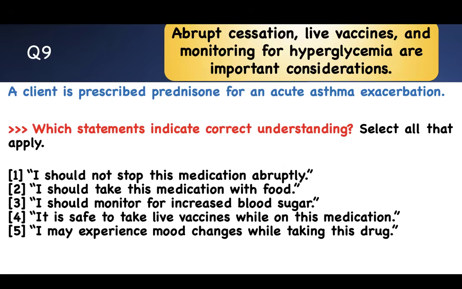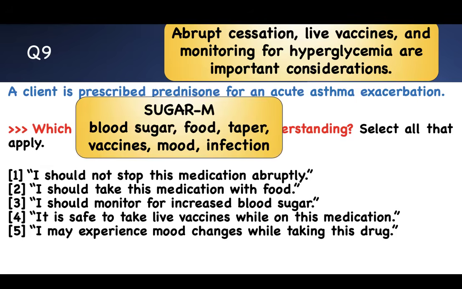How do you answer this question? This is your mnemonic. Abrupt cessation, live vaccine, and monitoring for hyperglycemia are important considerations for what? Steroid. But this is what I want you to remember. Sugar M. Sugar M. That is the key to remember the mnemonic. S is what? Sugar will go up.